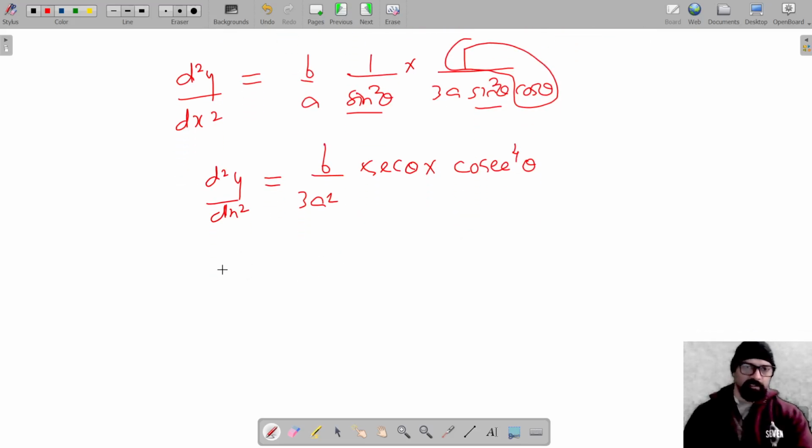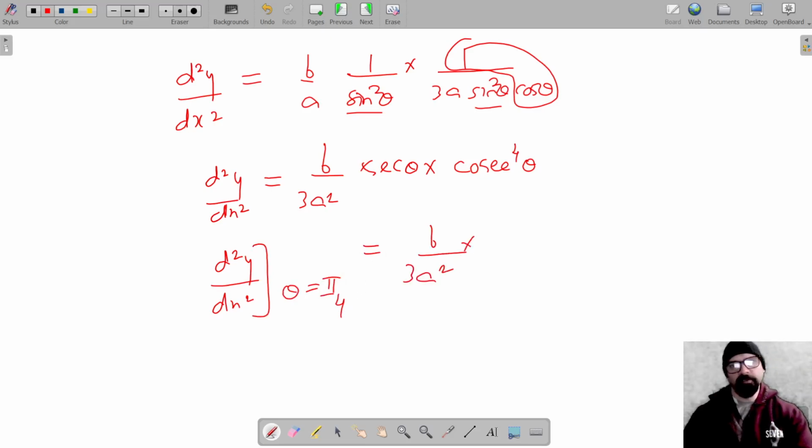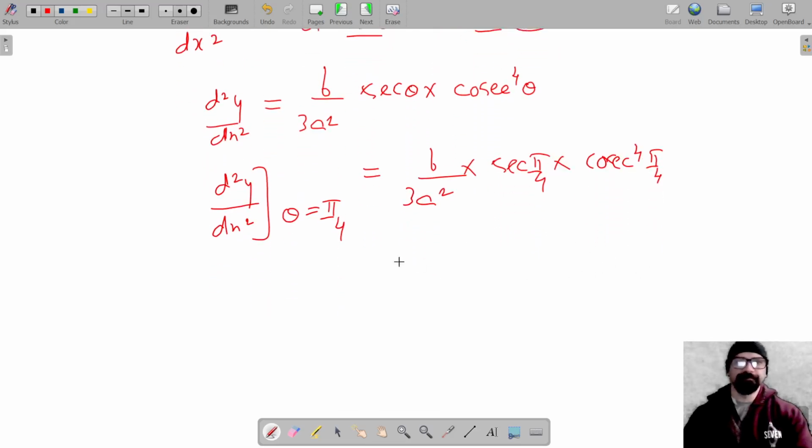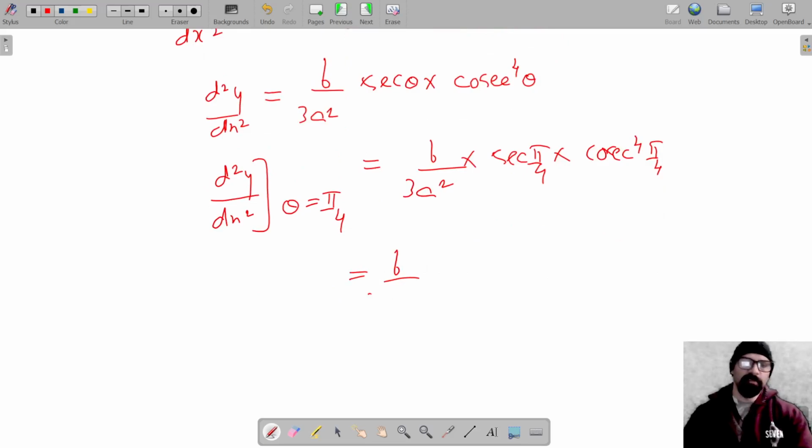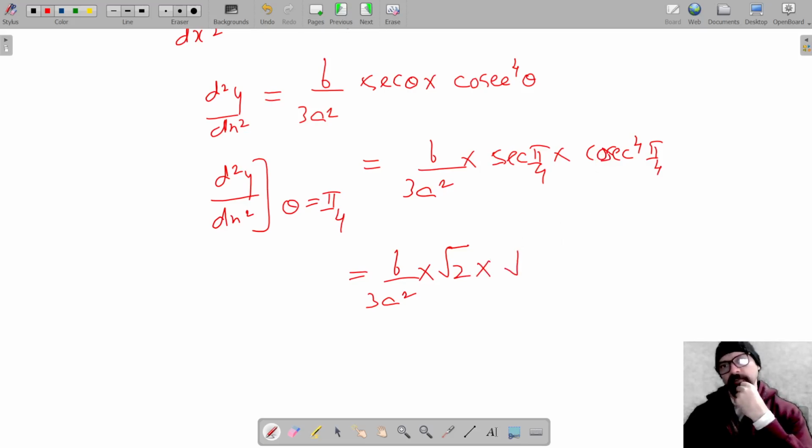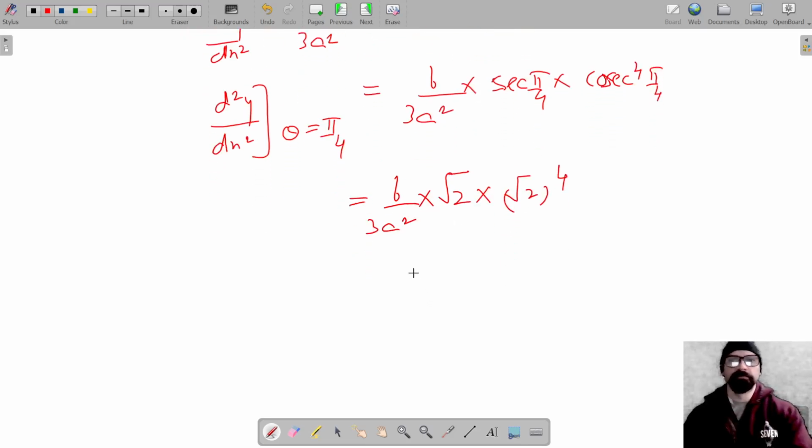Okay, but we have to find this second order differentiation when theta is equal to pi by 4. So this is b upon 3a square into secant pi by 4 into cosecant raised power 4 pi by 4. And now secant pi by 4 is the reciprocal of cos pi by 4, so this is root 2, into cosecant pi by 4 is root 2 raised power 4.